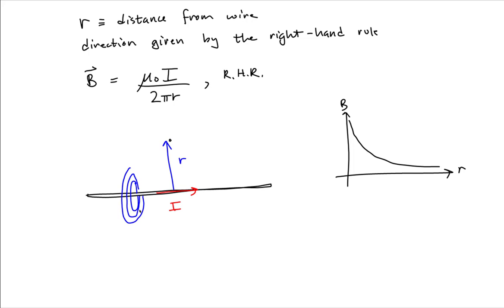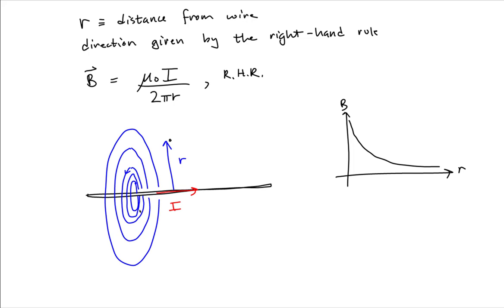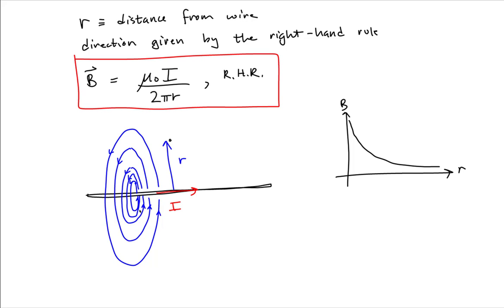But the farther away you get from the wire, the weaker the magnetic field, following that inverse relationship with the distance. So here is our result for the magnetic field a distance r away from a current carrying wire.